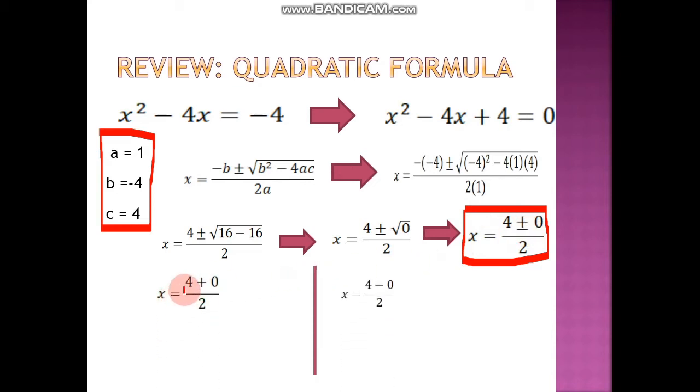X is equal to 4 plus 0 over 2, and the other one is x is equal to 4 minus 0 over 2. Then simplify. 4 plus 0 is 4 over 2, and the other side, 4 minus 0 is 4 over 2, and then simplify. So x is equal to 2. The value of x is 2.